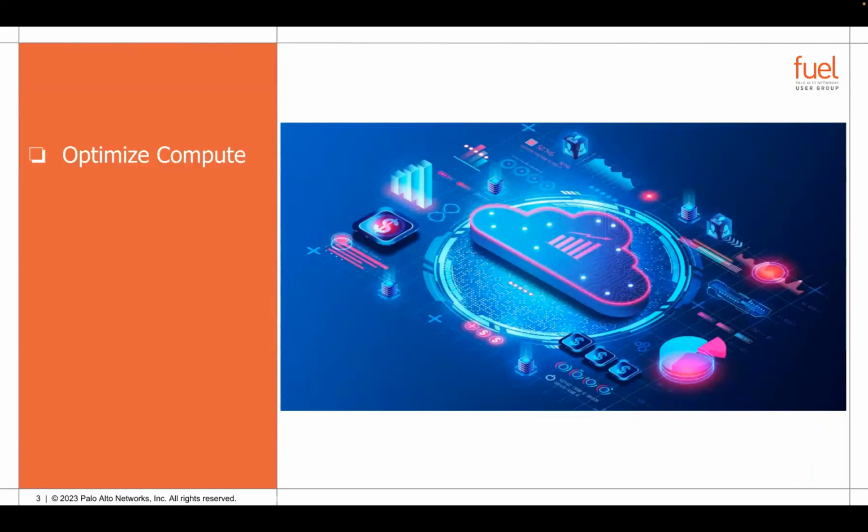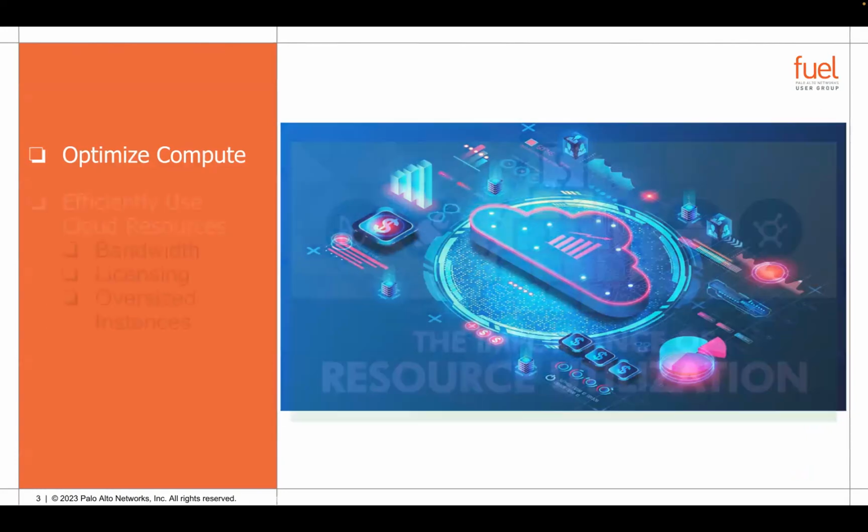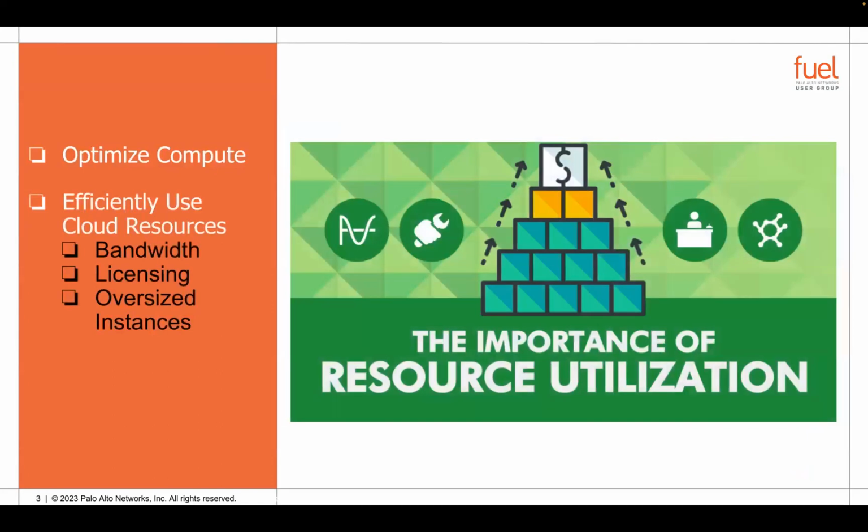And the reason that we want to optimize compute in terms of network security is for the efficient use of resources. We have certain resources available to us, whether that's in our private cloud environments, where we've got so many CPUs, so much memory, or in the public cloud environments.